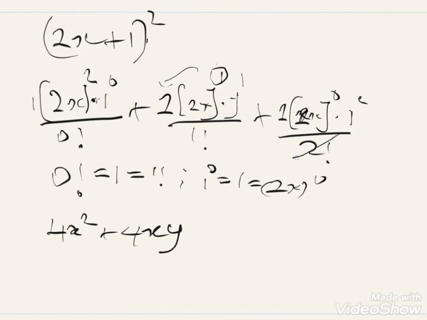Therefore, 2 factorial, we cancel this 2 here. 2x to the power 0 is 1. So 1 squared is 1 times 1, which is also 1. So do you see? I have the expansion at this point. This is how you can do this using the binomial formula.